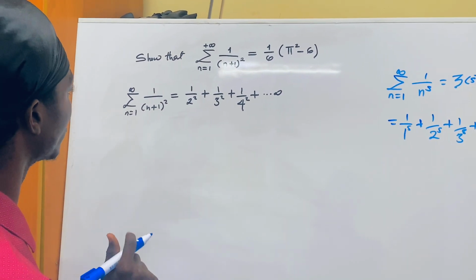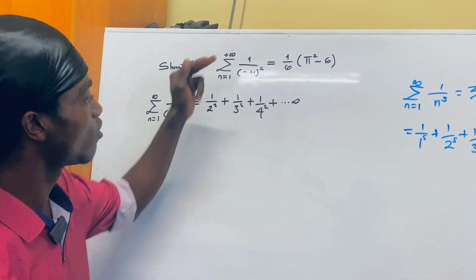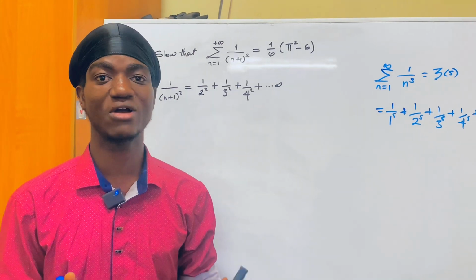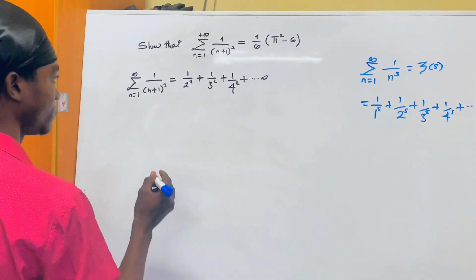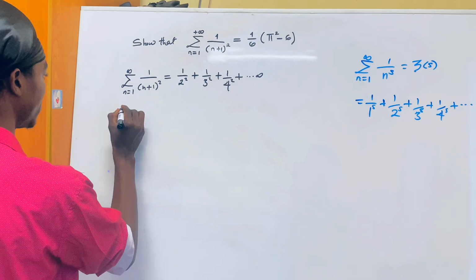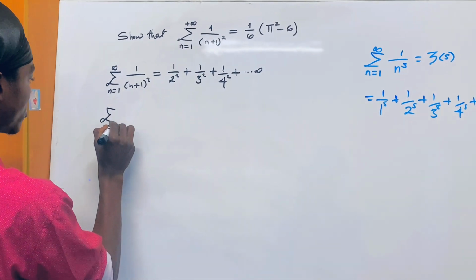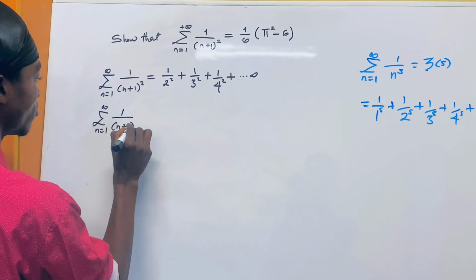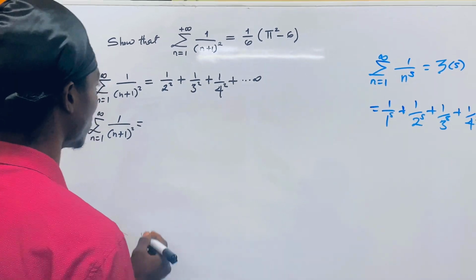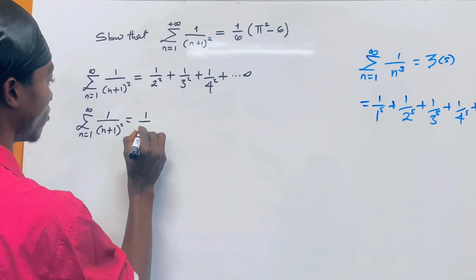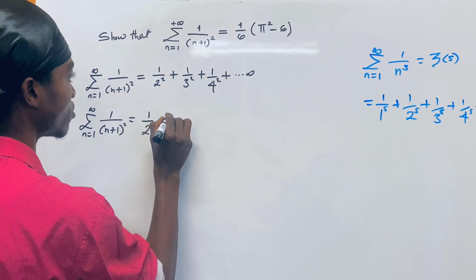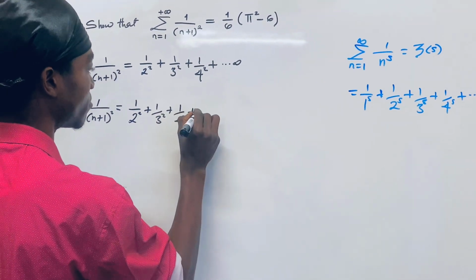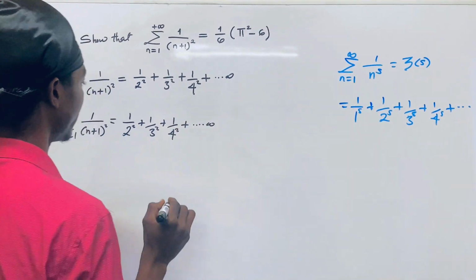So it's very simple. The only thing we can do here is to add 1 and subtract 1. When you're adding 1 and subtracting 1, it's almost like you are adding 0. So we can say that this sum from n equals 1 to infinity of 1 over (n plus 1) squared is equal to 1 over 2 squared plus 1 over 3 squared plus 1 over 4 squared plus dot dot dot to infinity.